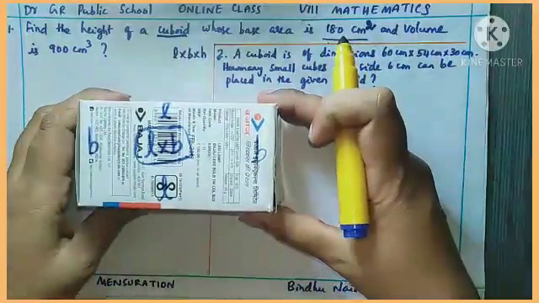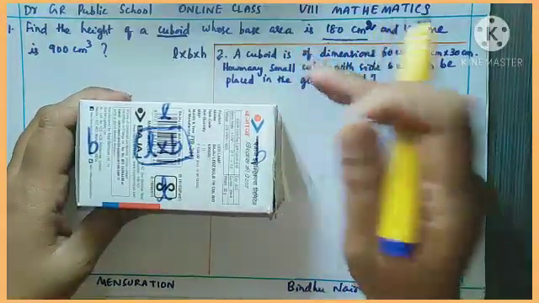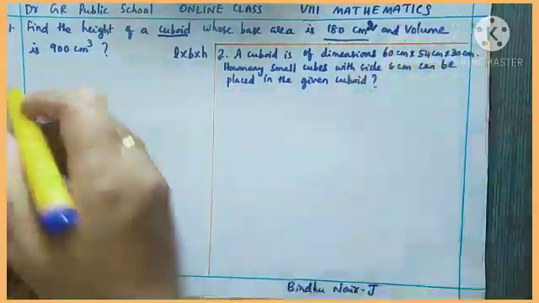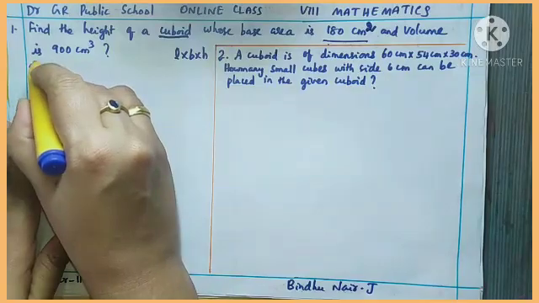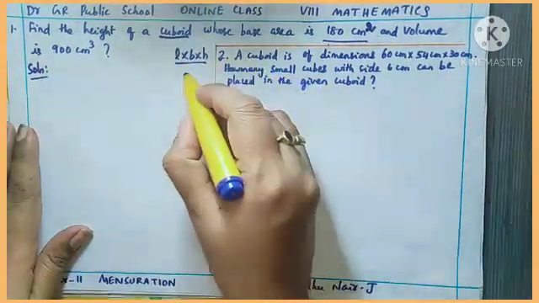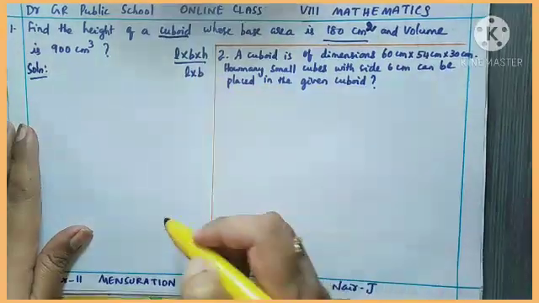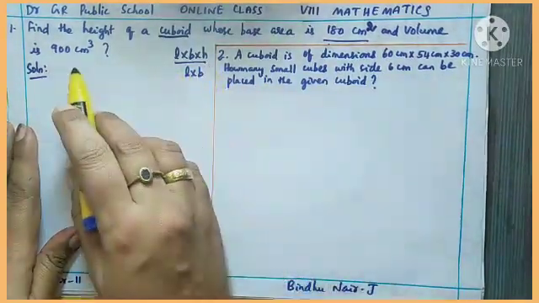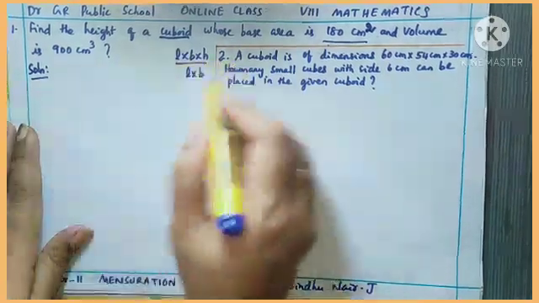Now we can write the solution of the question. Yes. Now start the solution. So L into B into H is the volume and L into B is the base area. So you see here, we can write the given data first.